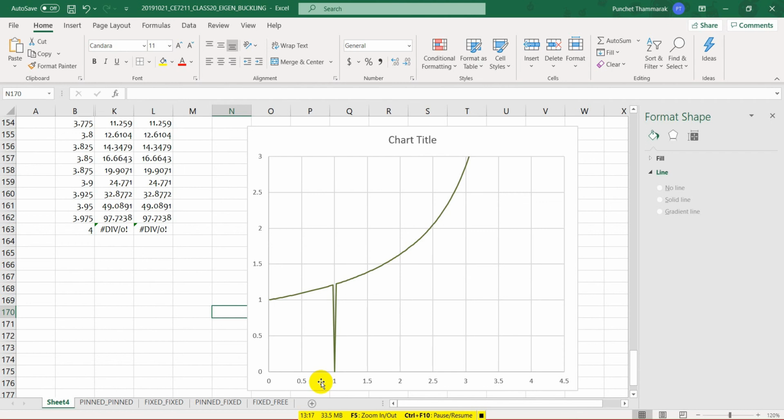So you're going to have the deformed profile, but you normalize the deformed profile by the maximum deflection at the midspan. So the y-axis turns out to be the normalized deflection, and the x-axis is the normalized length or normalized x value. Okay, maximum 1 and 1.